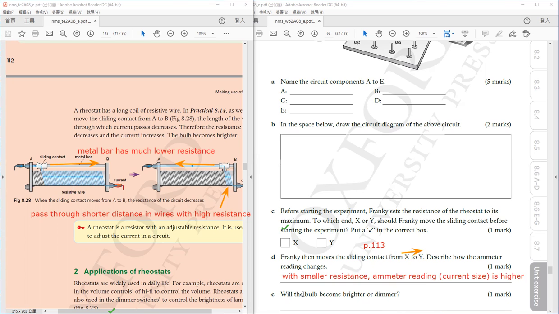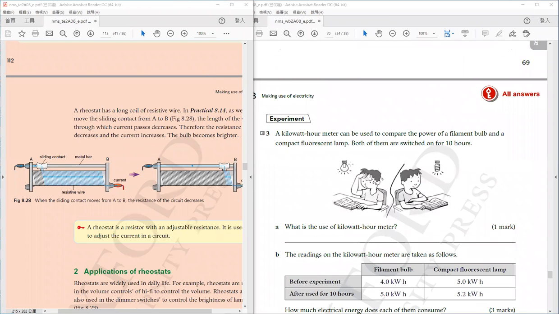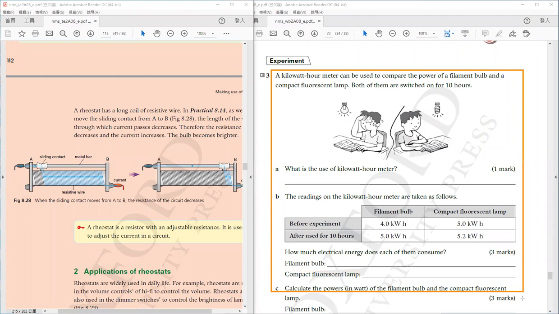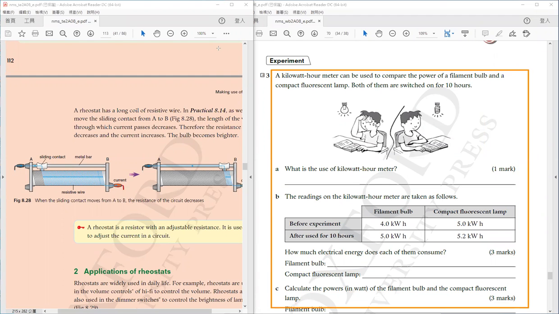When the current is higher, you can find that with greater current, the light bulb will become brighter. In this part, you can skip the kilowatt hour meter. We don't need to calculate the power, so you can skip this part.